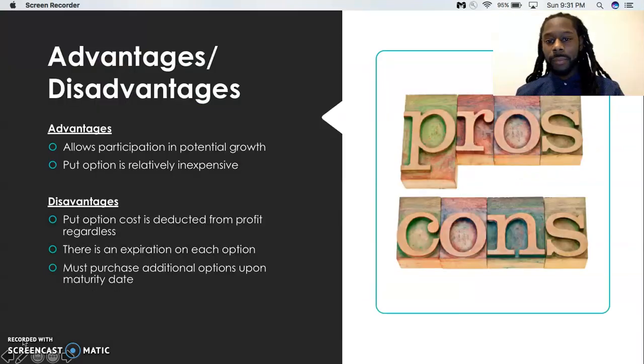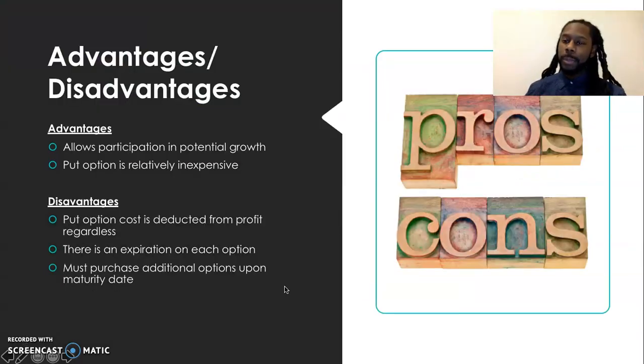put. Moving forward, we'll talk a little bit about some of the advantages and disadvantages of the protective put. Advantages I have listed first, and the first one is it allows you to participate in potential growth. In some cases you may see your stock fail to grow significantly over a stagnant period of time.